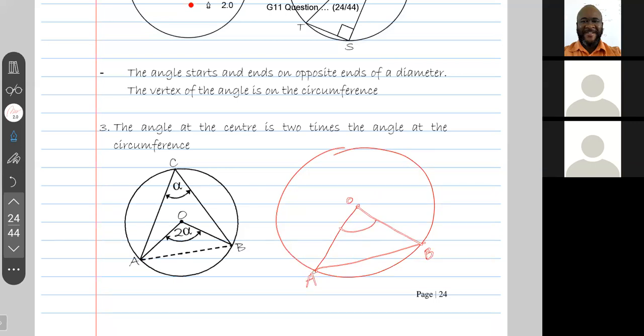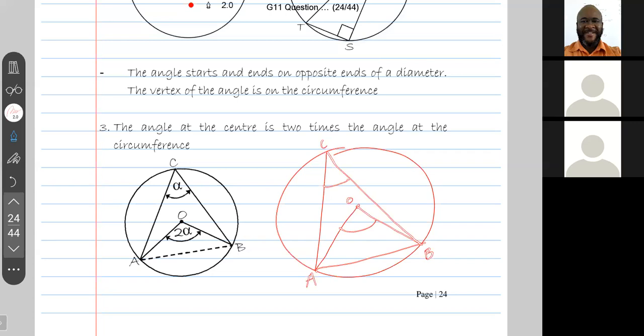Now, if I start at A, go up to the circumference and then come back down to B, this angle is called the angle at the circumference. So let's call this C. Both angles start and end on the same points on the circumference. They both start at A and they both end at B.